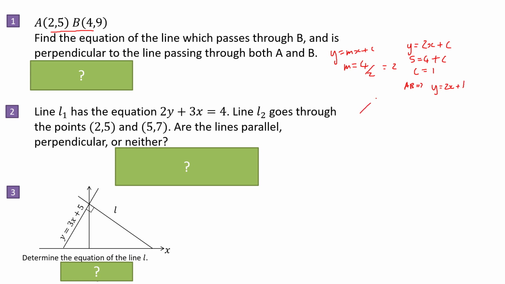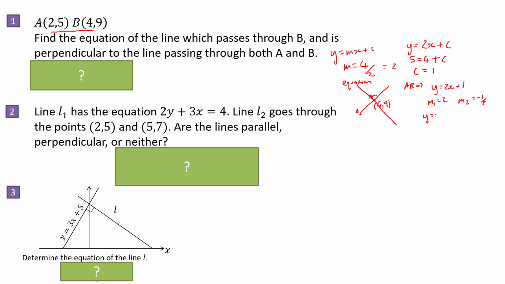Right, so that's going to look something like that. I'm going to call that point A and that point B. And there's something going perpendicular to that. That's a right angle, and we want to find the equation of this line here. You know the perpendicular gradient because m1 equals 2, so m2 equals minus a half.